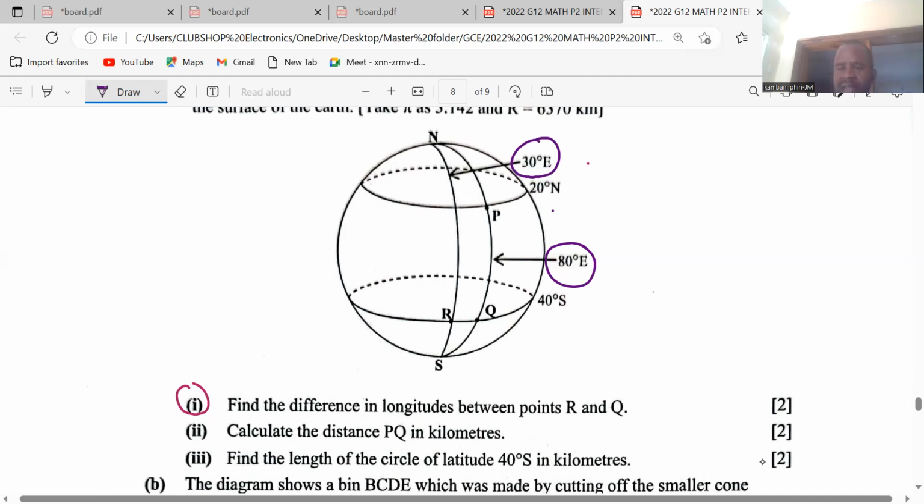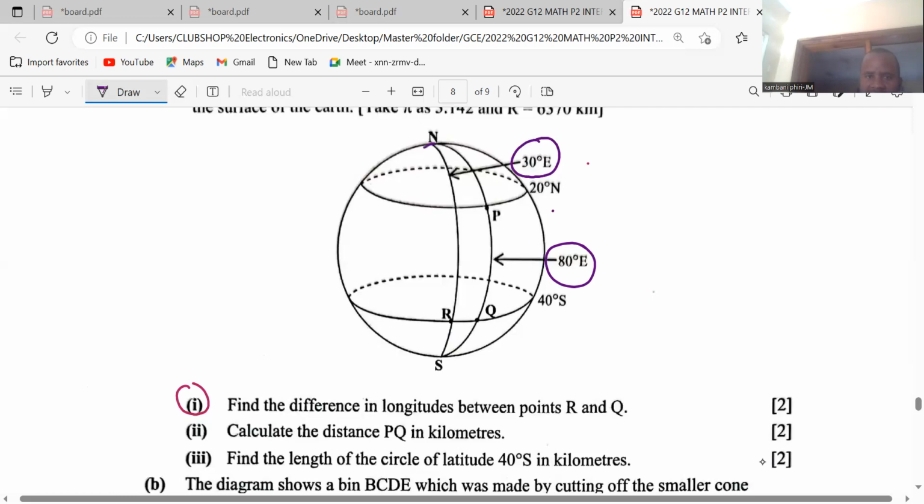On different sides, we find the difference by adding. If you are using the equator, if the latitudes are on different sides of the equator, you add, and on the same side, you subtract, just like the longitude.